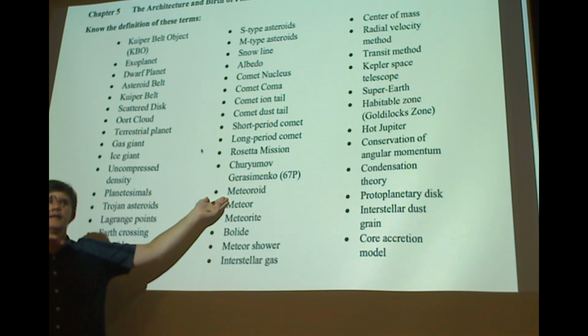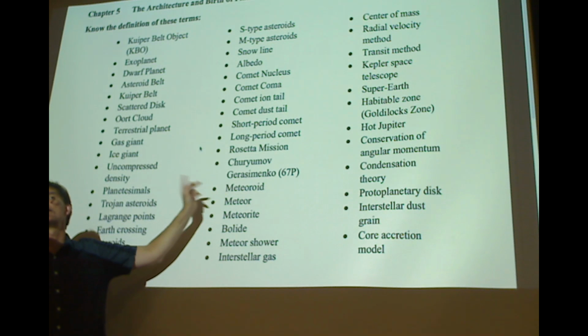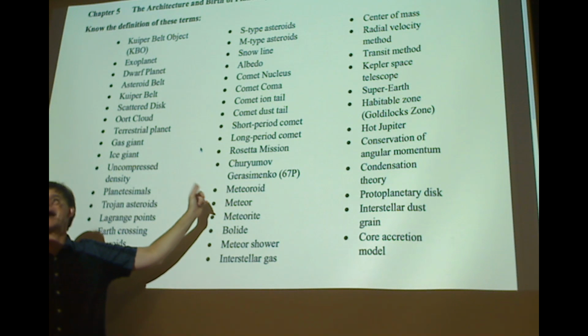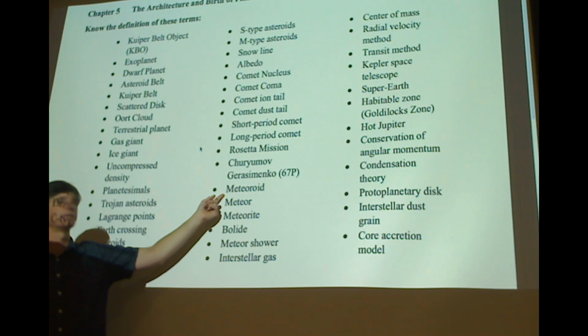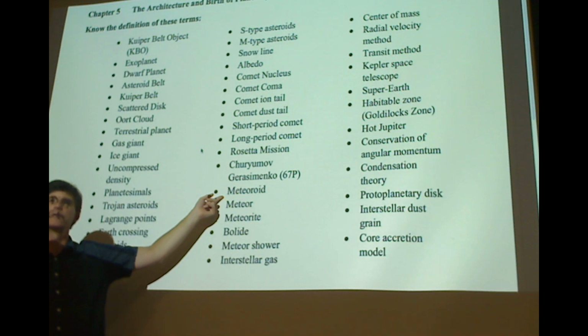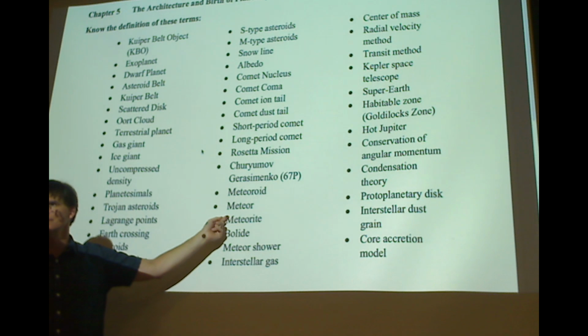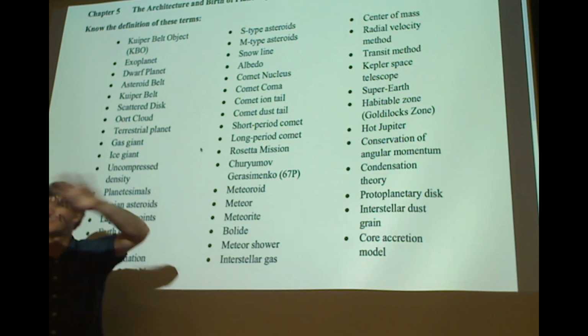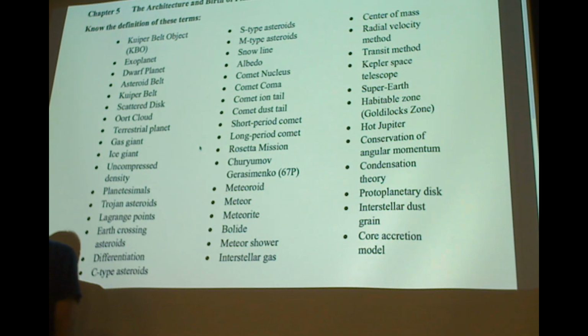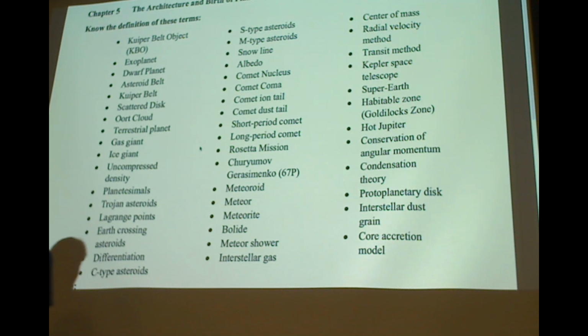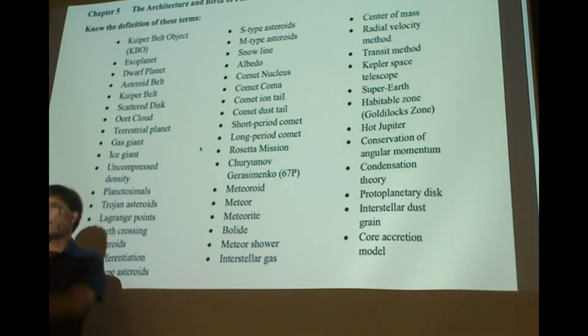Meteoroid. An object which has the potential to hit the atmosphere, has not yet hit the atmosphere. It's going to, or it could potentially hit. Okay? Meteor, what is that? It's in the process of passing through the atmosphere. Why is it glowing? What's glowing? A meteor.